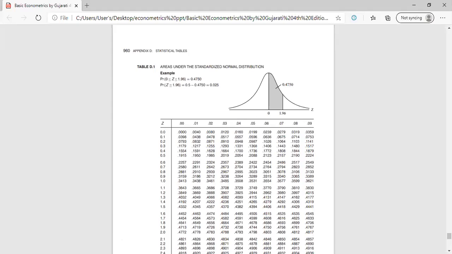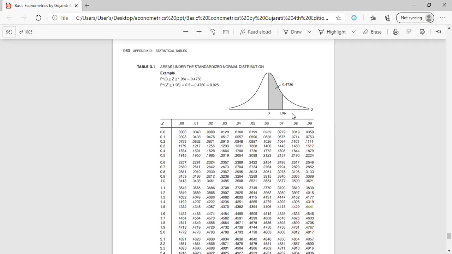Okay, so let's go back to our example. What do we want to know? We want to know the probability that z is less than 2.5. So where is 2.5? It should be somewhere here in the graph.